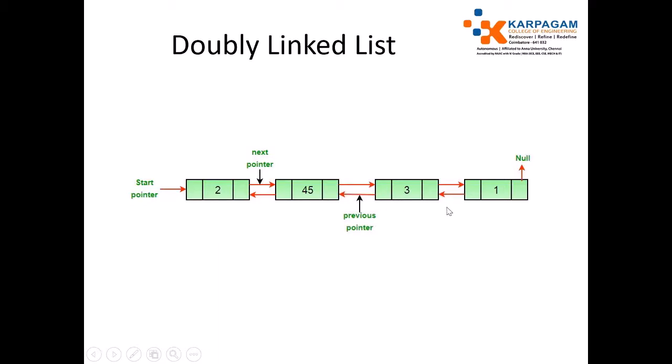Here we have four elements, 2, 45, 3 and 1. We can move forward and move backward by using the address of the next node and the address of the previous node respectively.